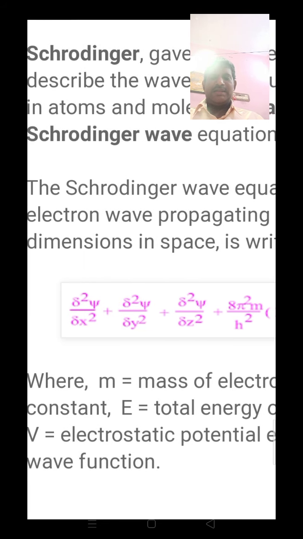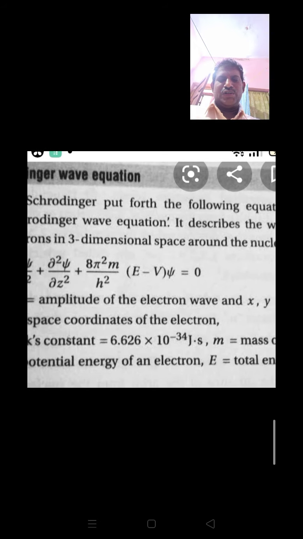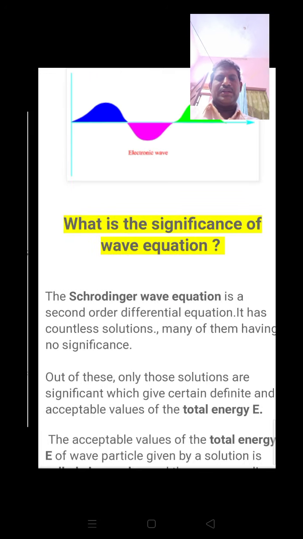Psi represents the wave function, and x, y, z are the three space coordinates of the electron around the nucleus.